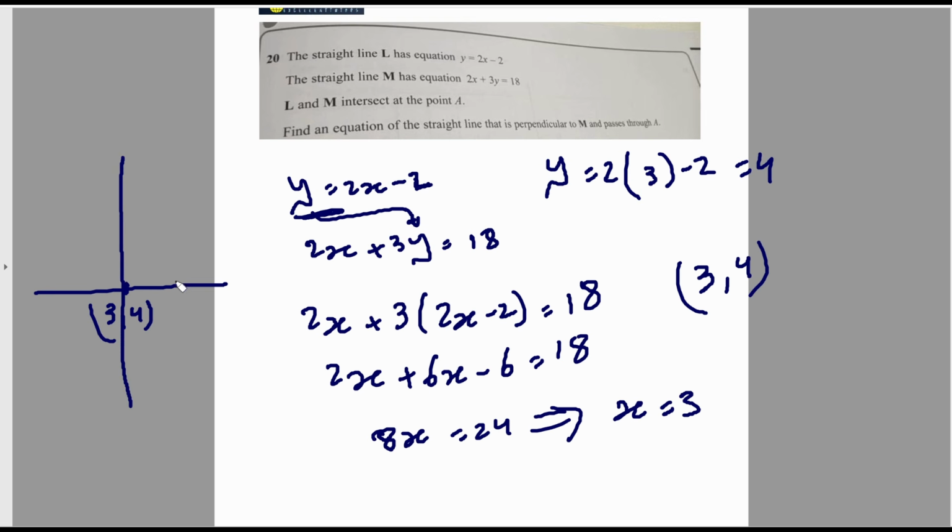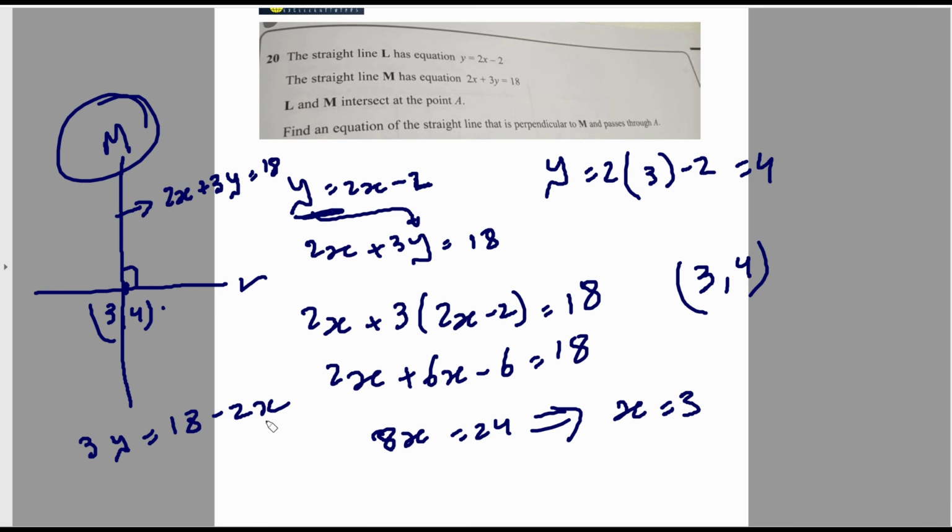They are perpendicular to each other, and I want the equation of this one, and let us say that's M, which is 2x add 3y equals 18. That means I need to find the gradient of the line M. So I make y the subject. So 3y equals 18 minus 2x. Therefore y equals 6 minus 2/3 of x.